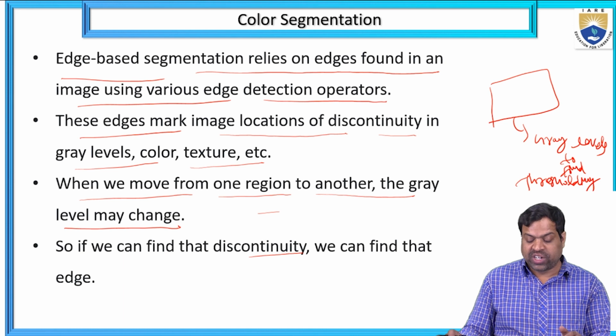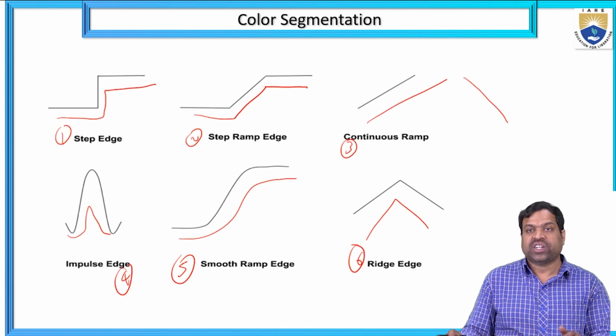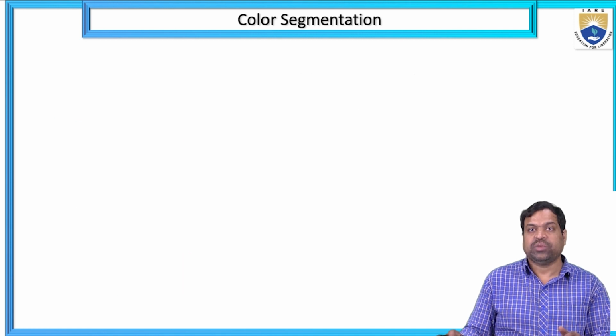When we move from one region to another, the gray level may change, so the discontinuity of the image can be found. The types of edges are step edge, step ramp, continuous, impulse, smooth ramp, and ridge ramp. These are the edge detections in color segmentation.